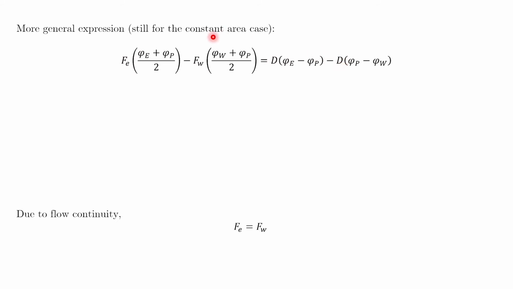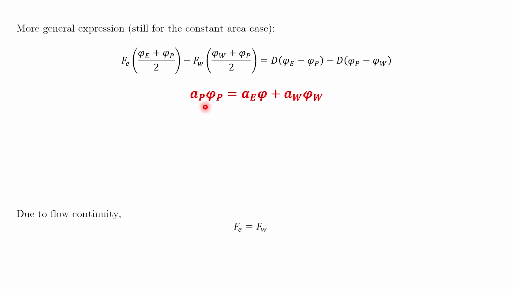But here, because I'm assuming that the constant area is holding true, I'm also assuming that the grid property is constant. Therefore we have the same D here. Here we are saying that the density could change with space, and also the convection velocity could be a function of space. That variation could be encapsulated in this Fe and Fw.